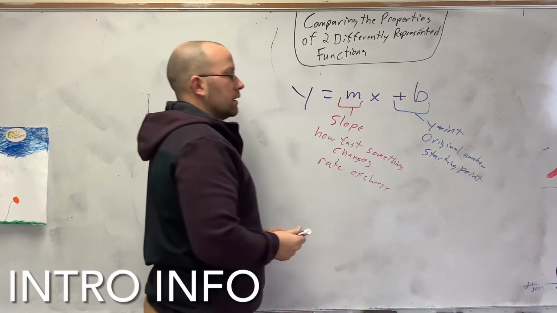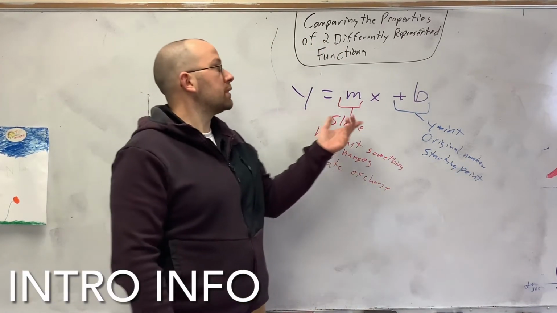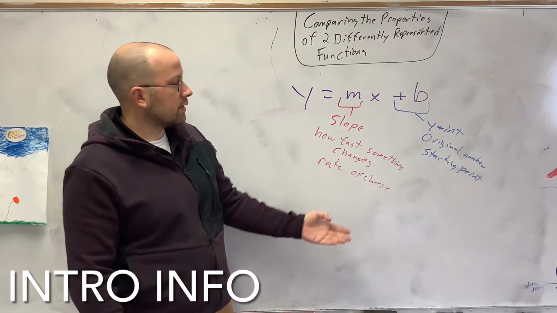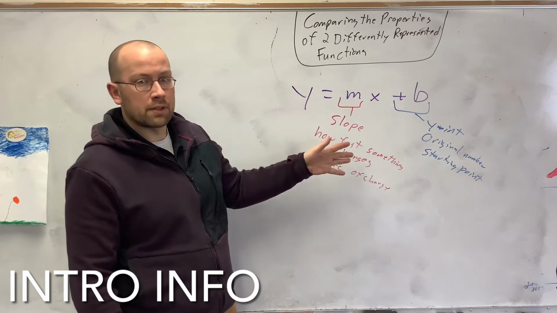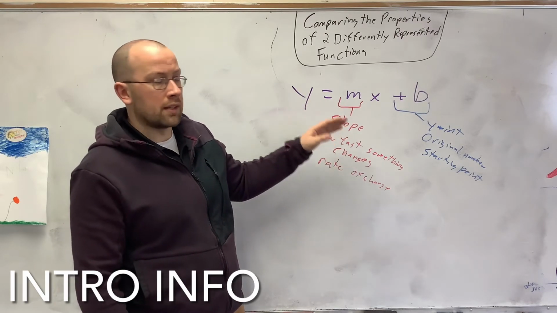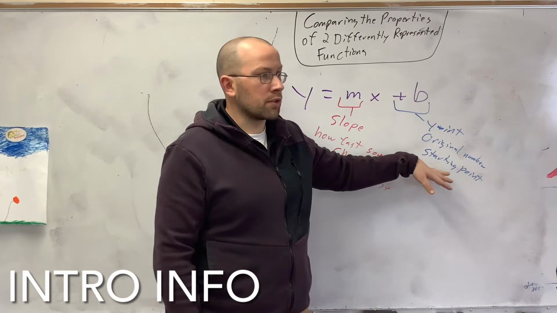If you have two different functions, when you look at the slope, you can compare how fast something's growing or how slow it is, and then you can look at the original starting point.